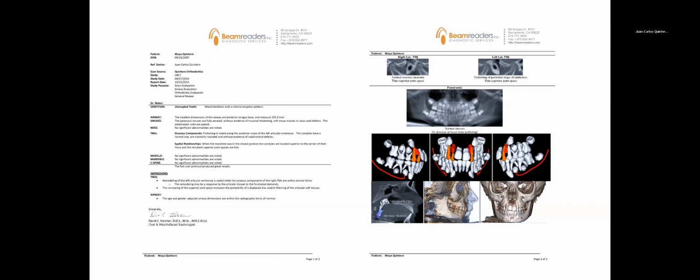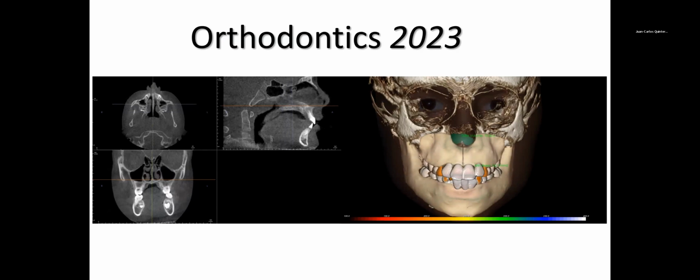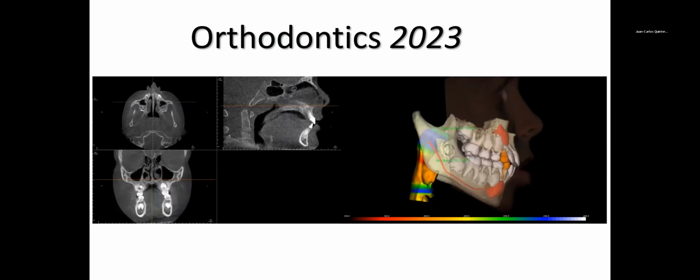Although David Hatcher's a very smart guy, he probably figured it out. The point of this slide is to demonstrate that from a pathology radiologist perspective, this is more than adequate. It's sufficient. So this has now become our standard diagnostic tool in our practice.